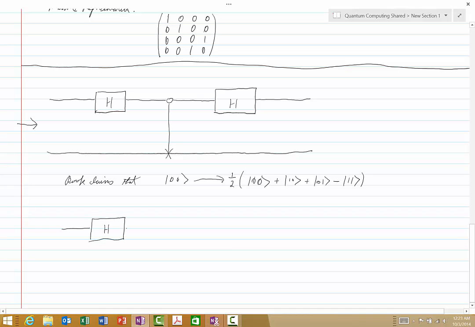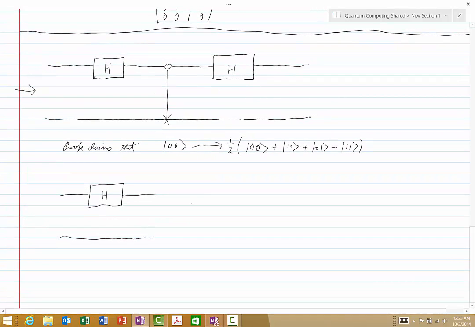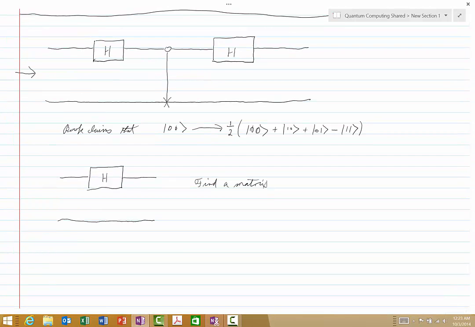We have H for the first qubit, and the second qubit remains unchanged. So let's try to find a matrix representation for just this portion of the circuit.